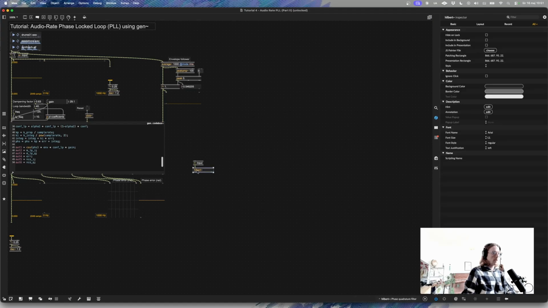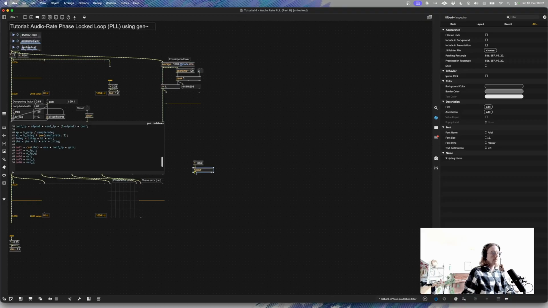So the Hilbert object is applying the Hilbert filter to an input signal, and what we get out from an ideal Hilbert filter is the I component of the input.